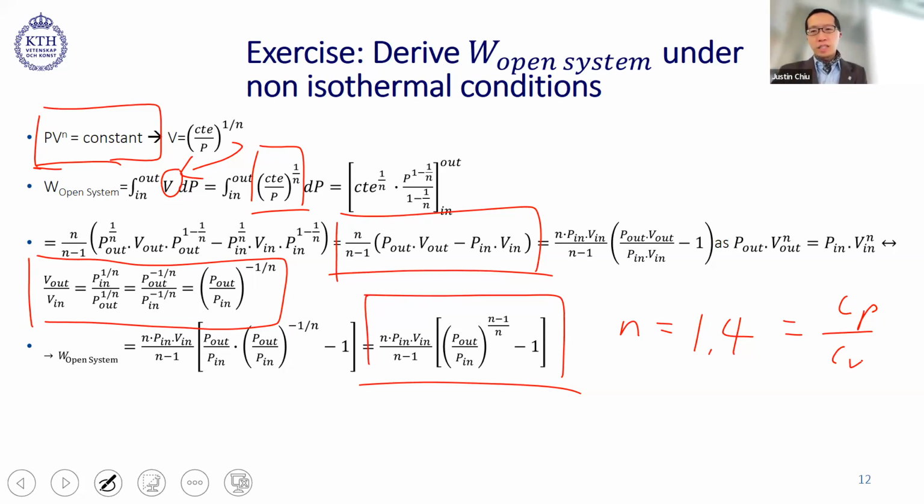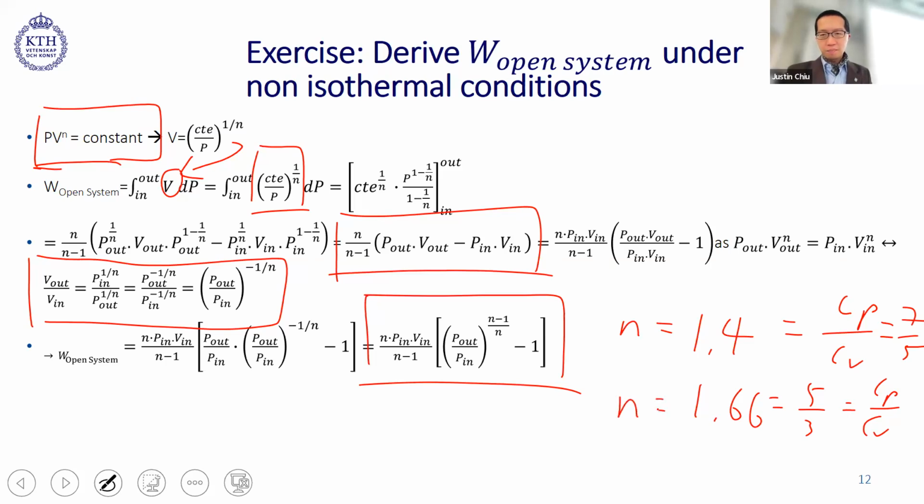That n will be 1.666, etc. Or was it 5 over 3? I think it's 5 over 3. No, sorry. Yeah, exactly, 5 over 3. And this one is like 7 over 5. This will be the Cp over Cv for monoatomic gas.